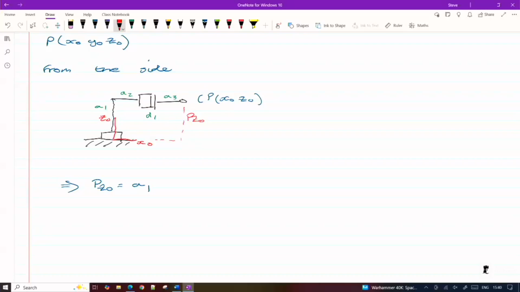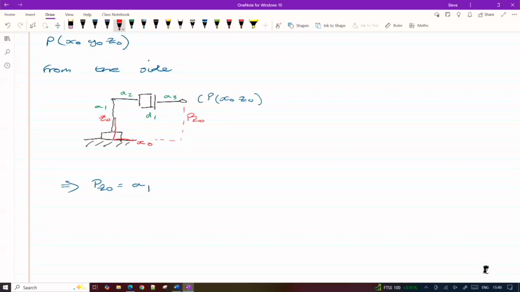So if you were to simply say x0 equals a2 plus a3 plus d1, and that's that length there from that view, so you're viewing from the side on. But as θ1 changes and it moves, your view of that length changes as well. So you can't simply say relative to our fixed x0 coordinate system that length just is dependent on a2, a3 and d1. Because as it moves and theta was 90 degrees, you wouldn't see anything there. Does that make sense?